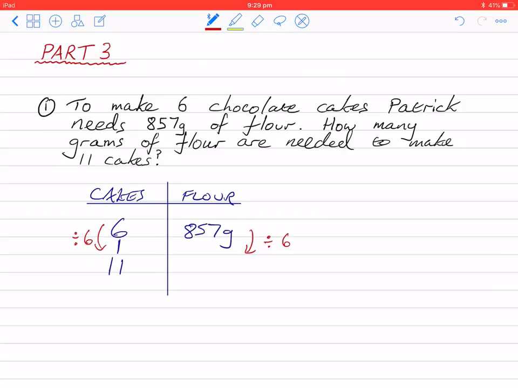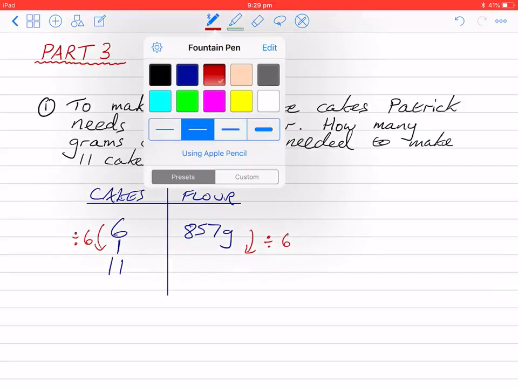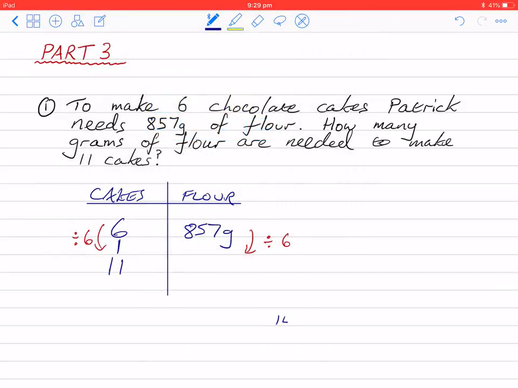Now this is why I've chosen to do this question. This is why it's a little bit different, which you'll see when you tap on your calculator. Here you do 857 divided by 6. And it's this big, horrible, long thing. It's 142.83333 forever, so 3 recurring.